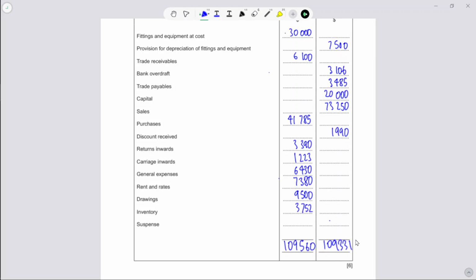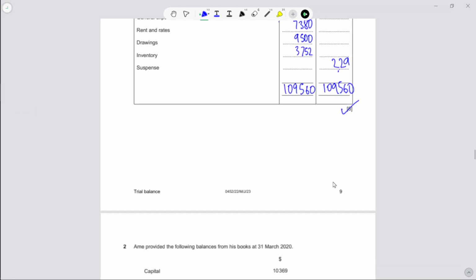So the thing I need to add here will be 229. So after adding that, it will balance.